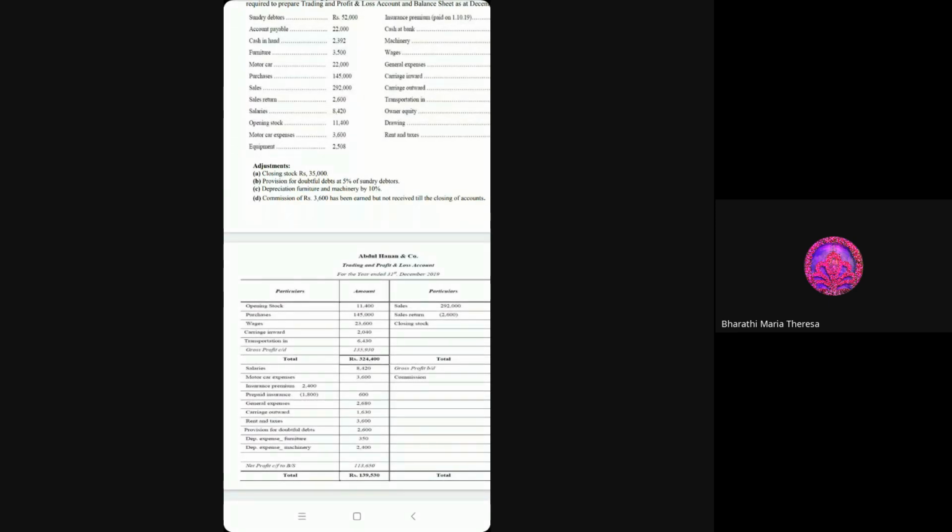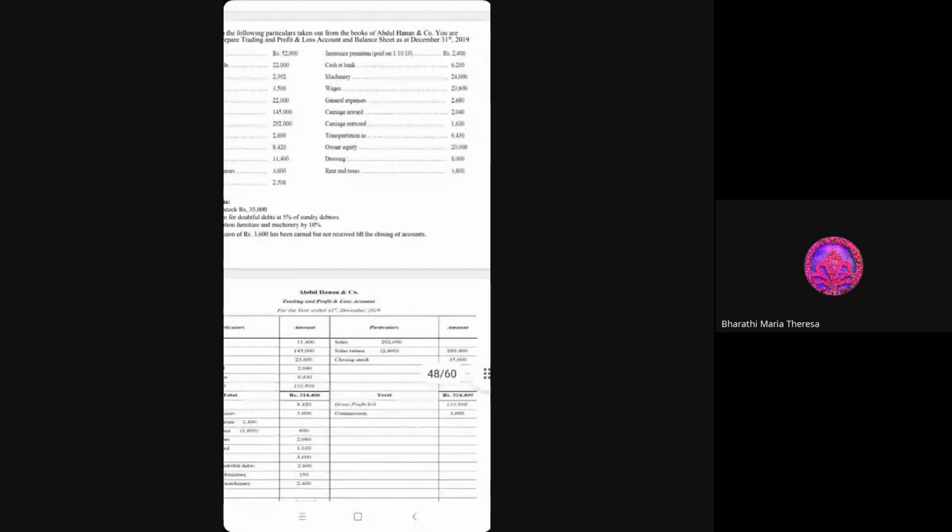See, your prepaid insurance is given in your problem. Insurance premium 2,400 is given, paid on 1/10/2019. So here your accounting period is December, right? So December 2019. You have paid on 1/10, so 10th month, 11th month, 12th month, 3 months only for the current period. 9 months for next year, right?